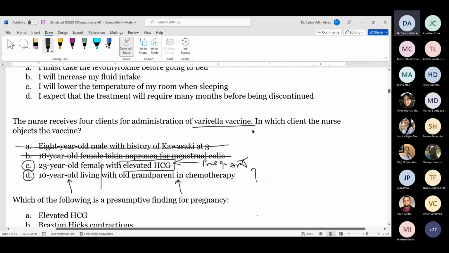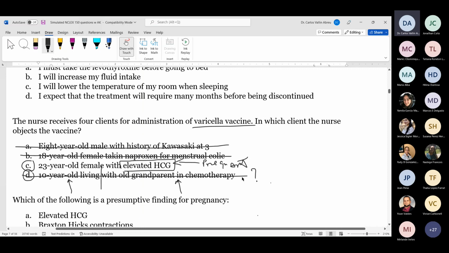So this grandparent probably is immune to varicella, and even being in chemotherapy has a very low probability of catching it. But suppose the grandparent is not immune against varicella. Very simple: you cannot deprive this child of his vaccination. The only thing you need to recommend is to avoid direct contact with the grandparent. So there is not an absolute contraindication. The one that is an absolute contraindication is the pregnancy.